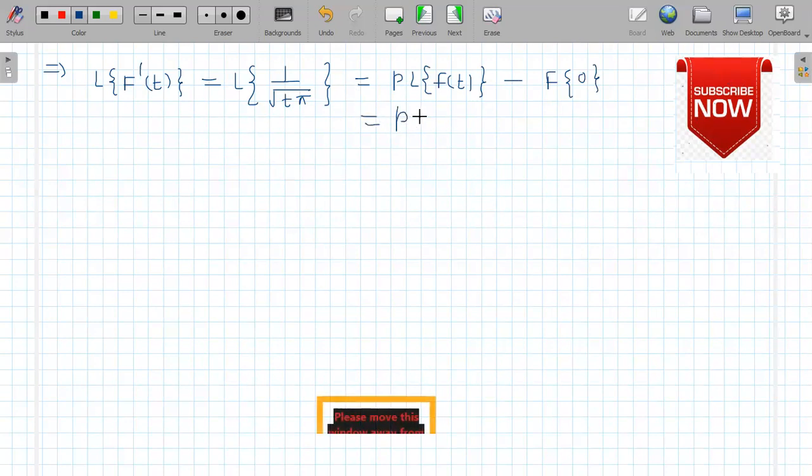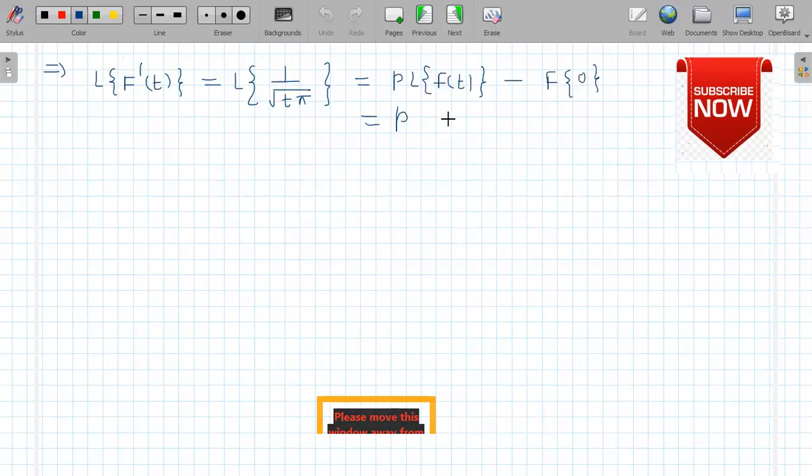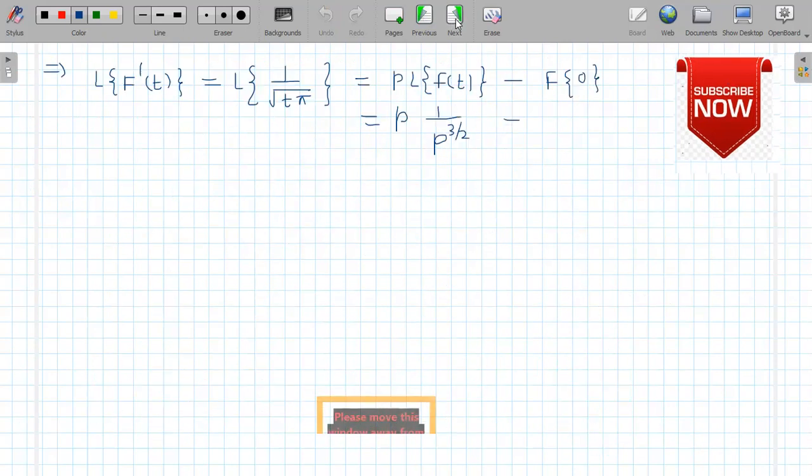So here you put the value that is given to you in this question. This value 1 upon p raised to the power 3 upon 2. This is Laplace of ft here. So we put here 1 upon p raised to the power 3 upon 2 minus the value of f at 0 is 0. So it is 1 upon p raised to the power 1 upon 2. Hence proved.